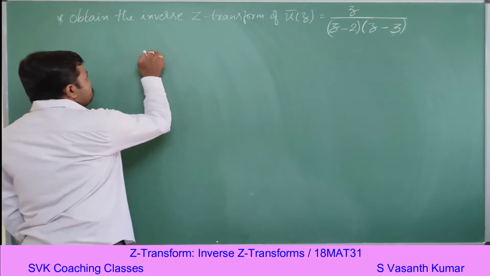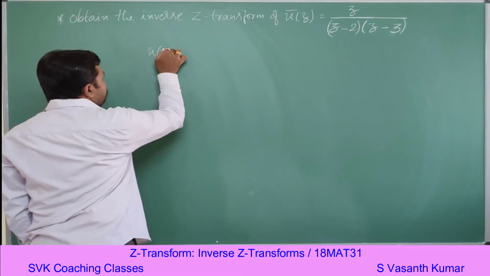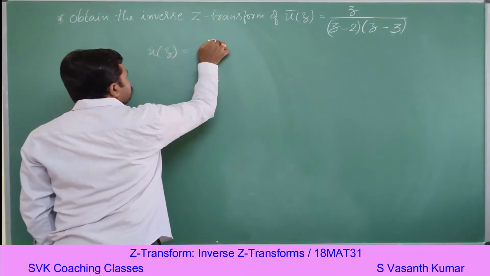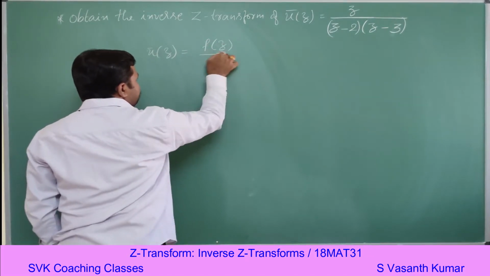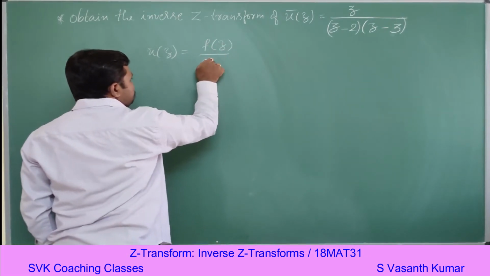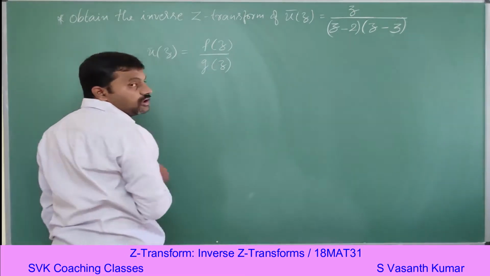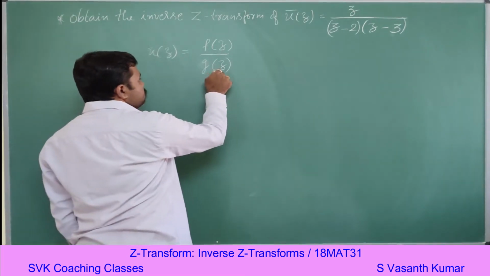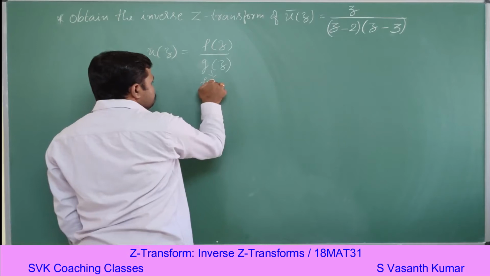The given problem will be of the form U bar of Z equal to a function of Z by a function of Z. Always the denominator should be in terms of factors.